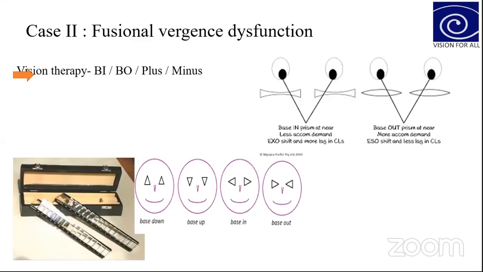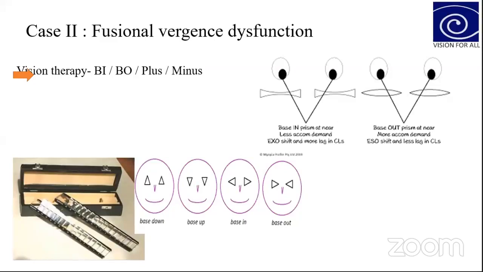We should also give accommodative therapy, so that we have a balance between the accommodation and Vergence parameters. In order to balance the parameter and the function, we have to give both accommodative and Vergence therapy. Especially in fusional Vergence dysfunction, we give both therapies with plus lens, minus lens and prism, which help in accommodation and Vergence.